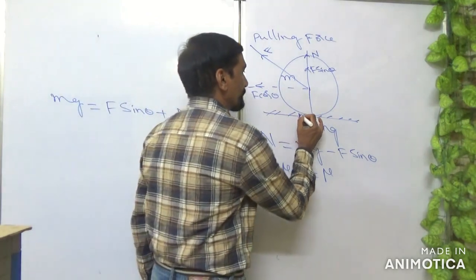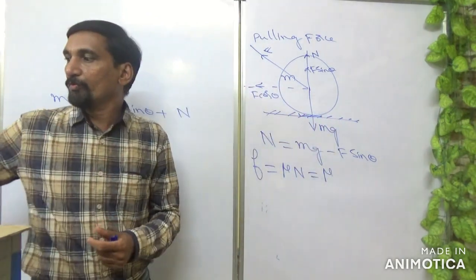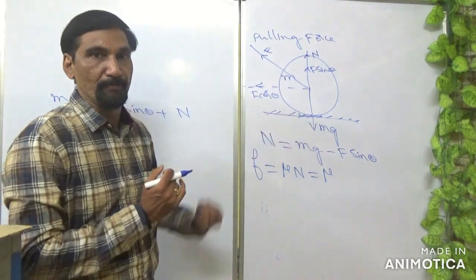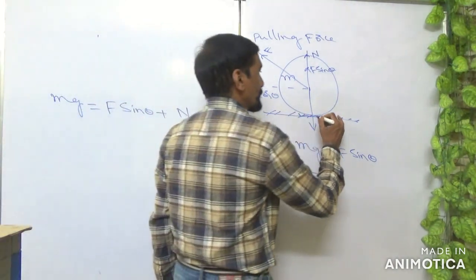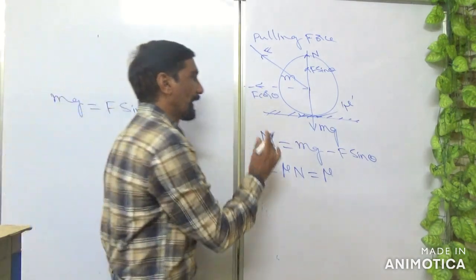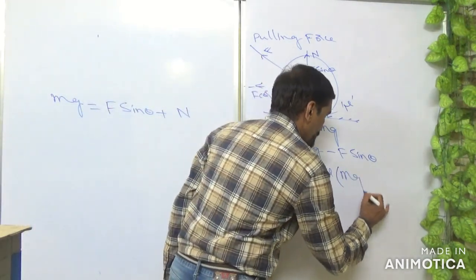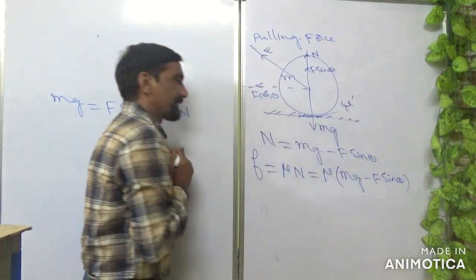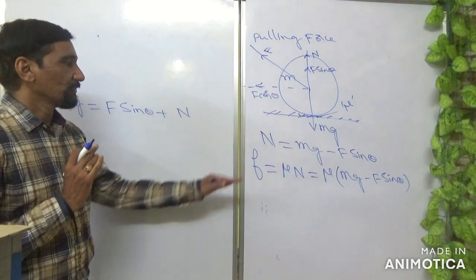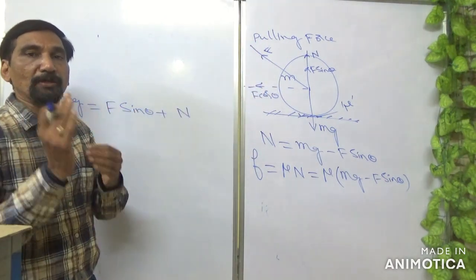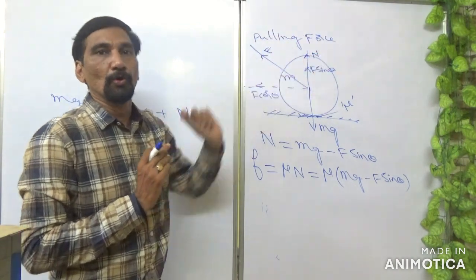The roller is moving on the ground, so there is some friction between them. That coefficient of friction is taken as mu, into N, that is mg minus F sin theta. So this is the frictional force when you apply force F outwards, nothing but the pulling force.